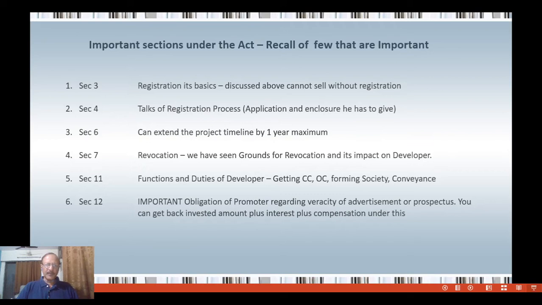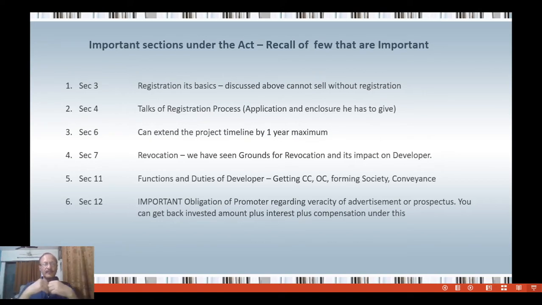And what it says is, provided that the authority may in reasonable circumstance without default on the part of the promoter, based on the facts of each case and for reasons to be recorded in writing, extend the registration of a project for such time as it considers necessary, which shall in aggregate not exceed the period of 1 year. So, by the Act he has been given two 6 month extensions, total 1 year.